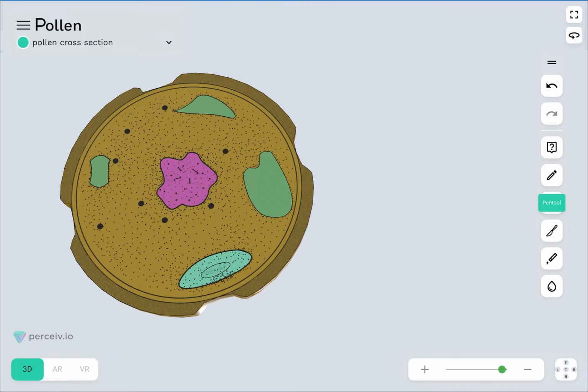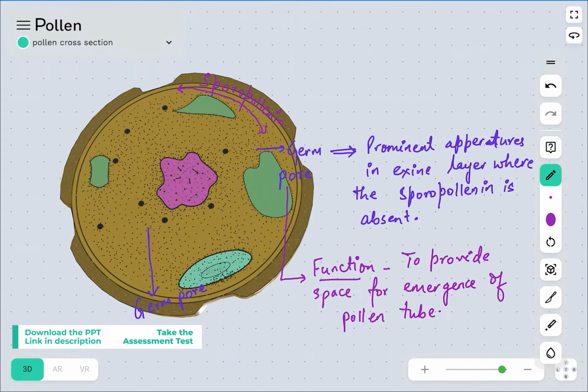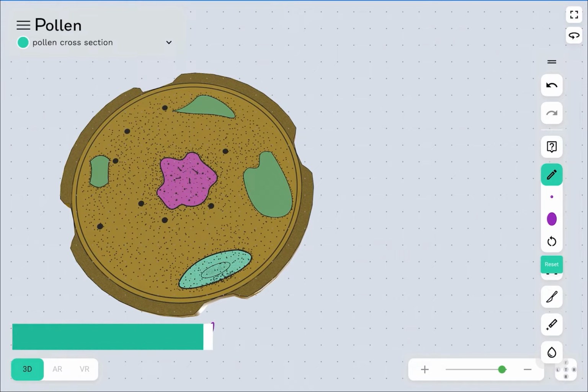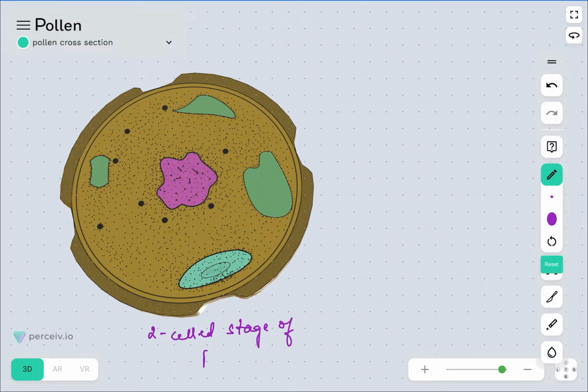But when the pollen grain matures, the one cell divides to give rise to two cells. So the mature pollen grain turns into a two-celled stage, which is what we can see here in the model.